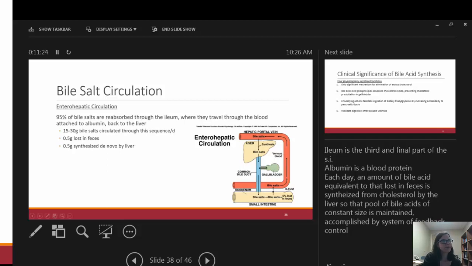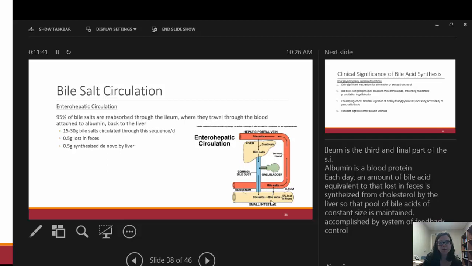So 95% of the bile acids are reabsorbed in the last part of our small intestine, which is our ileum, where they travel through the blood attached to the blood protein albumin.